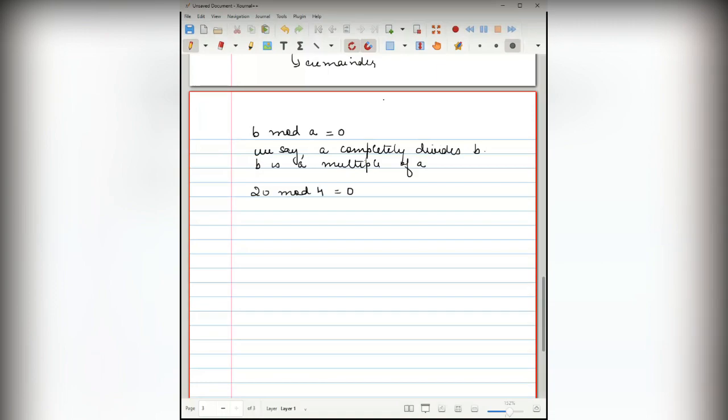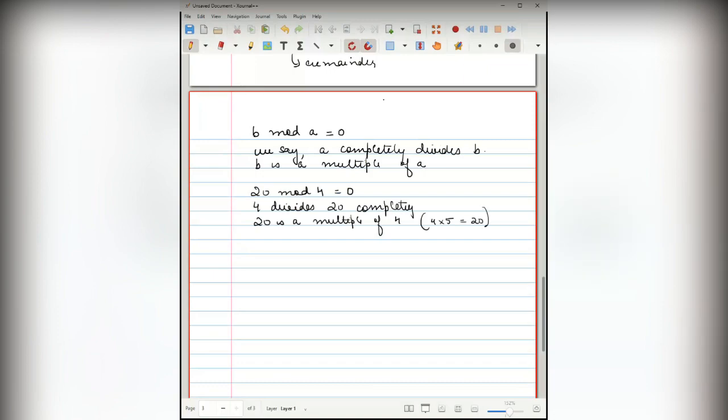Because it is completely divisible. So we say that 4 divides 20 completely, and 20 is a multiple of 4, right? Because 4 into 5 is equal to 20.